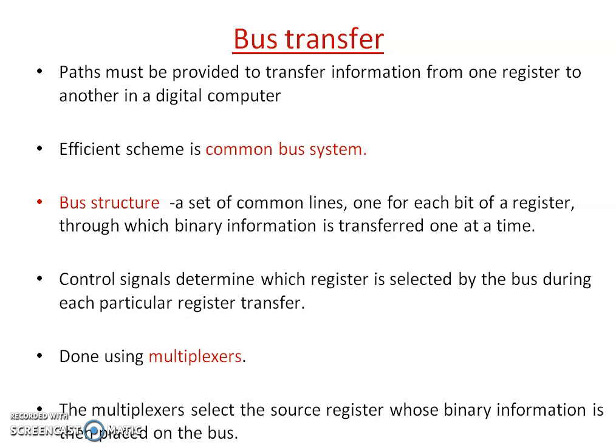So we started by considering a single control function in which a transfer of data from one register to the other is being done. And then the second example we learned was one in which two timing variables, or two control functions, were considered, and for those two control functions two different operations were performed.